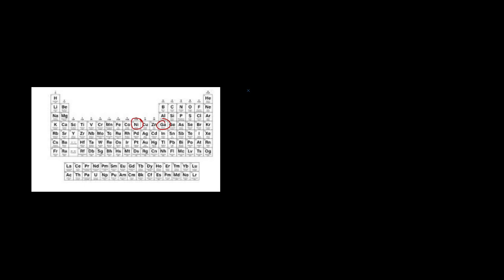Zirconium 4 plus. If I'm looking for zirconium, where would that be? It's actually right here. It's element 41. It's 4 plus, so we're going to do a minus 4 here. That gives us, is it 40 or 41? It's 40.